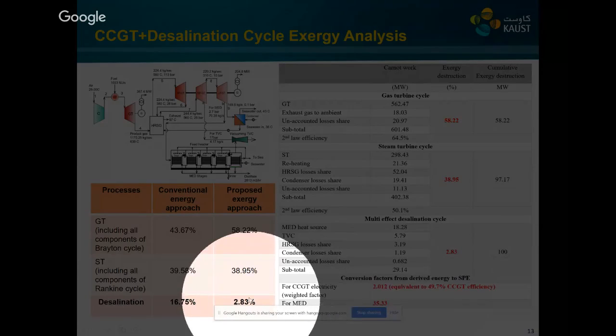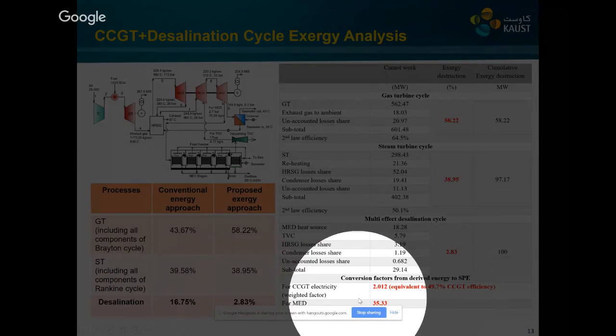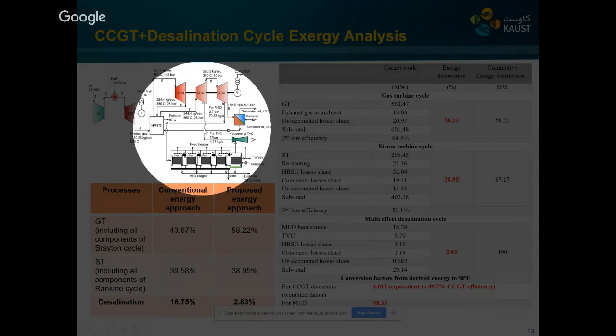Similarly, we converted the thermal energy into the primary fuel energy, and we showed that the conversion factor is around 35. It shows that 1 unit of the primary fuel can produce 35 units of steam at that grade.